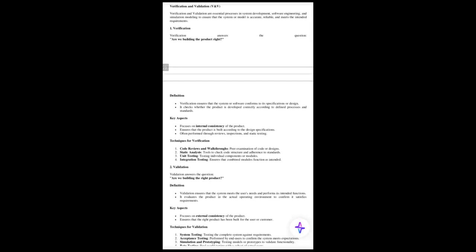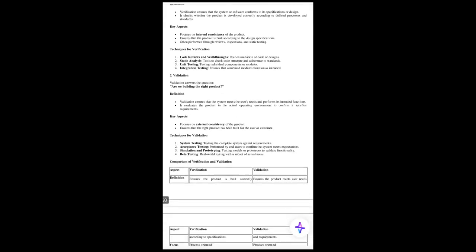Next we have verification and validation. We can understand this by the differences. What is verification? Verification ensures the product is built correctly according to the specifications. While validation ensures the product meets user needs and requirements completely.